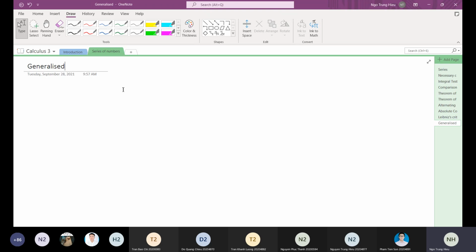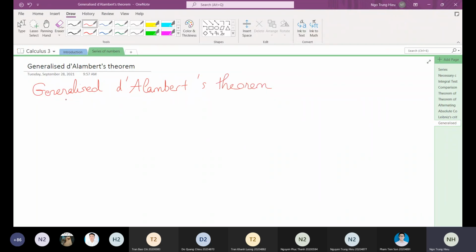So generalize D'Alembert theorem, right? Let us take the generalize D'Alembert theorem. All right. So suppose we have a series, right?